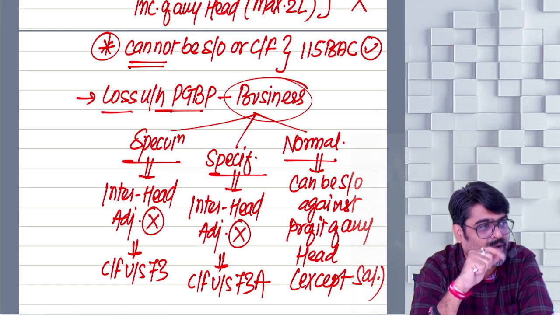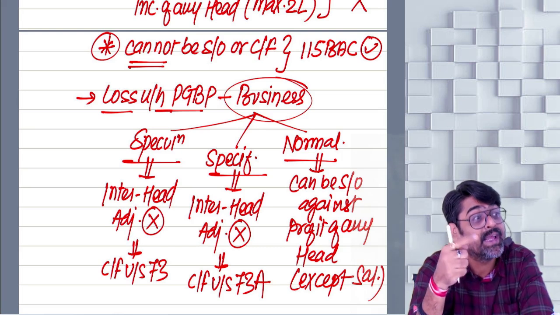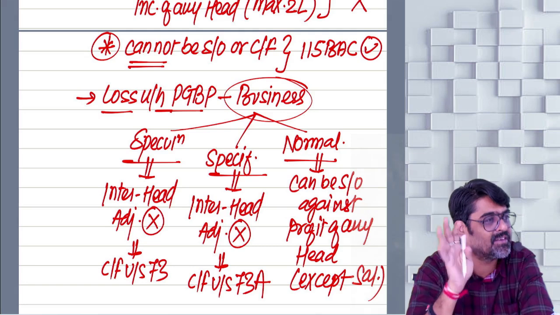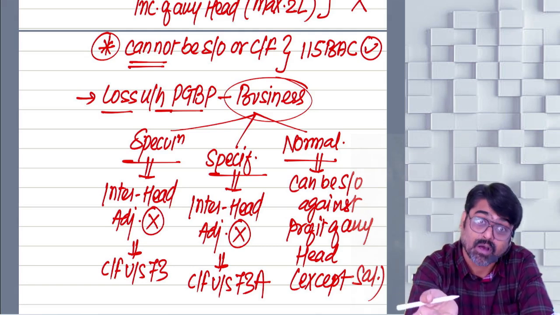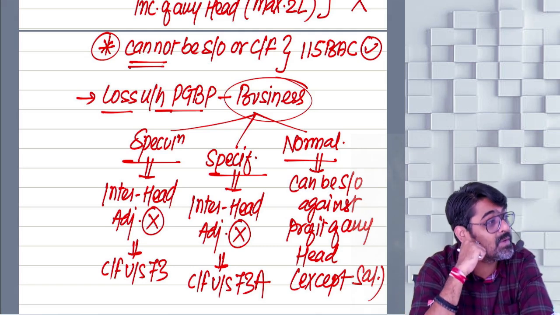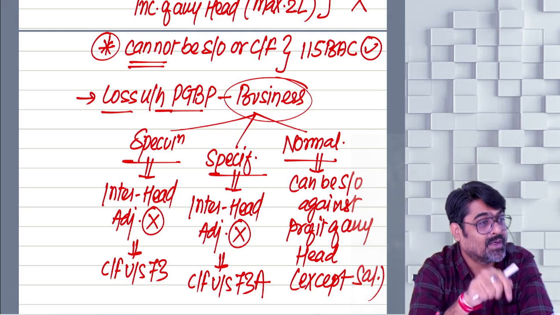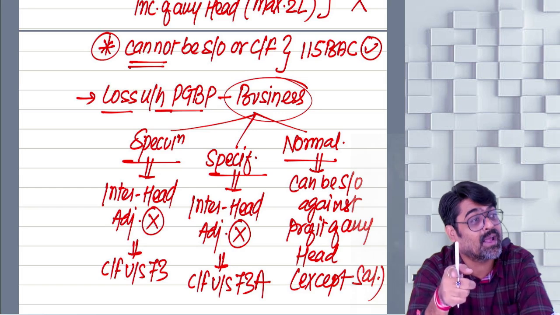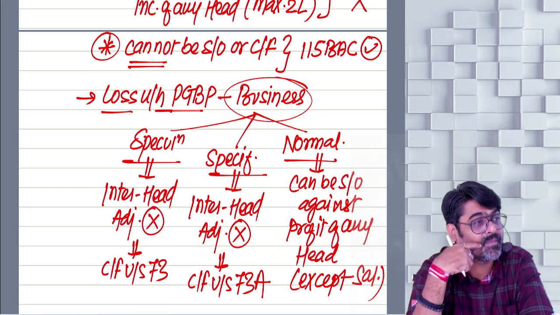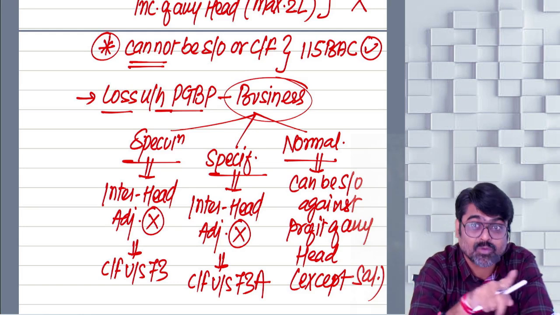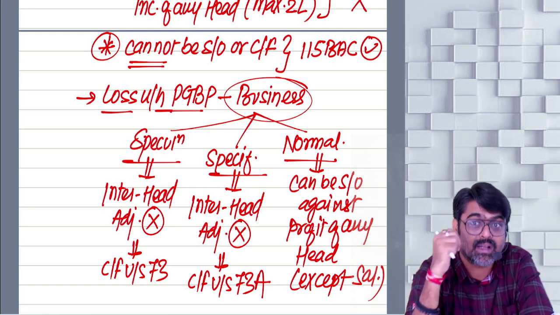He will try to show expenses like rent paid to brother, commission given, this, that. For all those expenses he will take the deduction, unnecessarily calculate a business loss, and then set off this business loss against his salary income so that he doesn't pay tax on the salary income also.